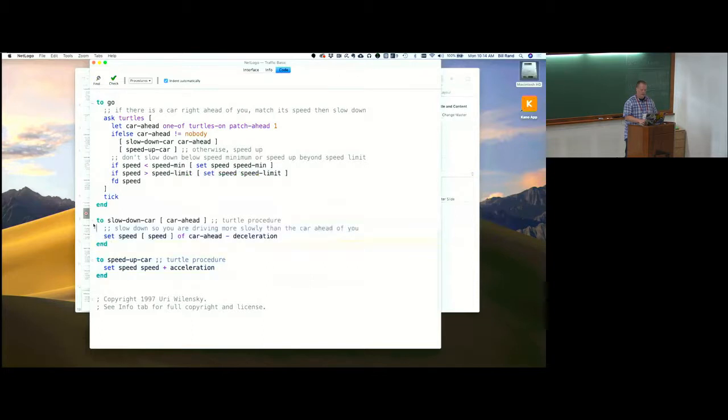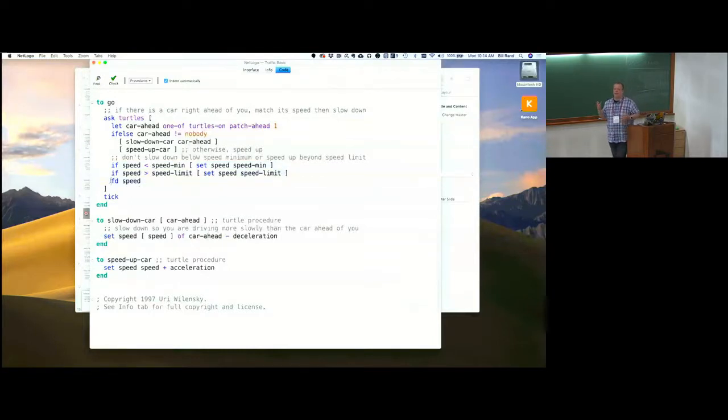Slow down is set our speed to the speed of the car ahead minus deceleration, right? So we're braking behind that car ahead of us. And then finally, if you look back up here, if we're going too fast, we set our speed to the speed limit. If we're going too slow, we set our speed to the minimum speed, right? So there's a minimum speed we have to crawl along at. There's a maximum speed. And then finally, we just go forward our speed, no matter what it is, right?